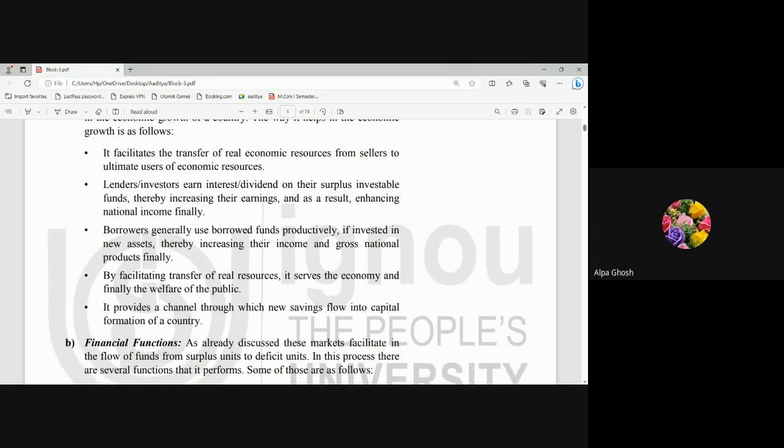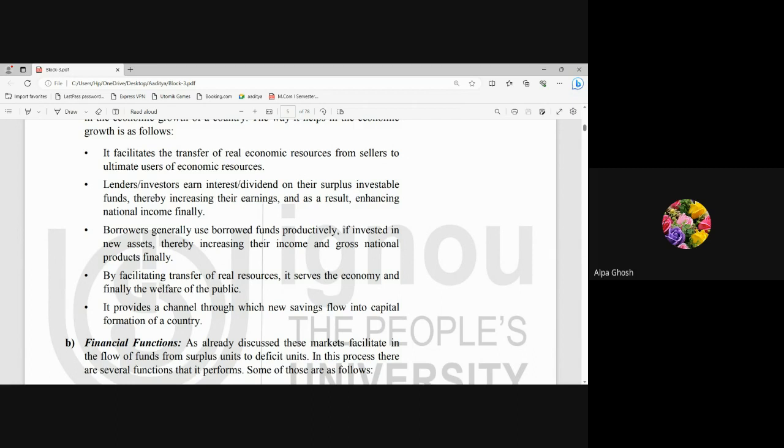If we have excess money, more money accumulated in the economy, we can go for more economic and welfare activities for the people. We can serve the society through different government programs in a better and more planned manner. And the most important objective in economic operations is that new savings flow into capital formation of a country.